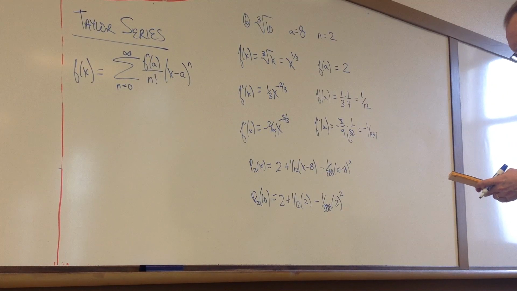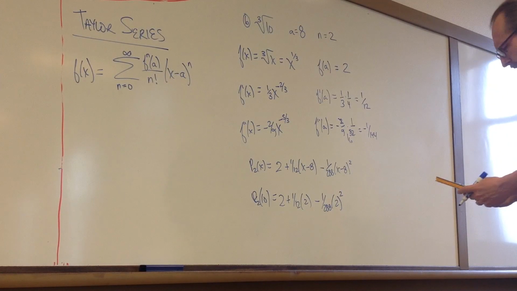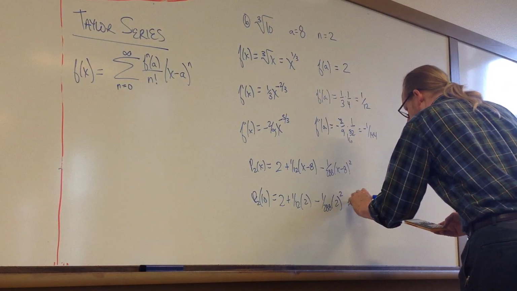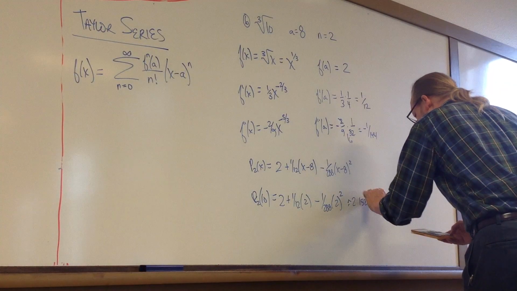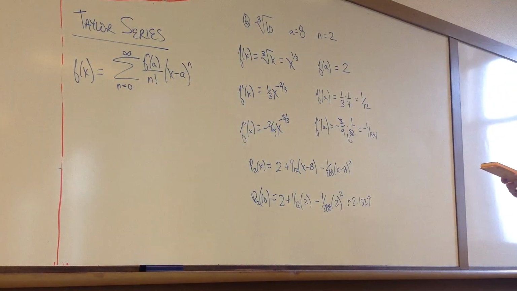2 plus 2 over 12 minus 4 over 288. And this comes out to be about 2.1527 repeating.